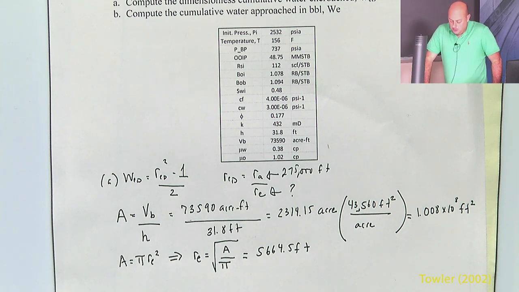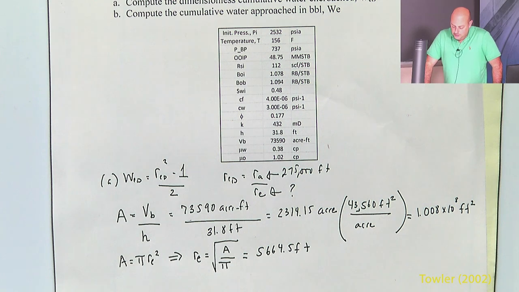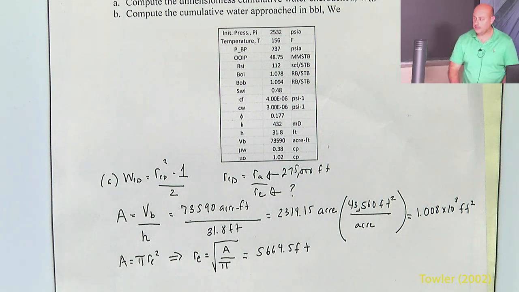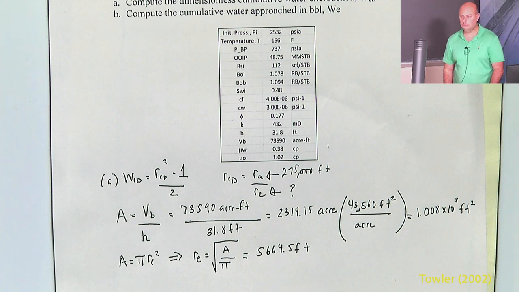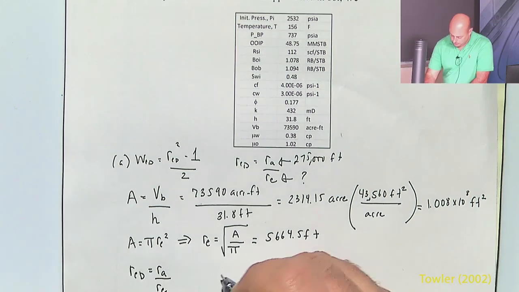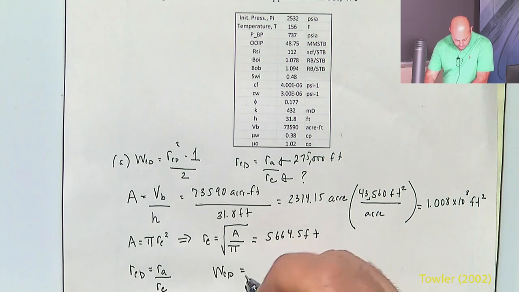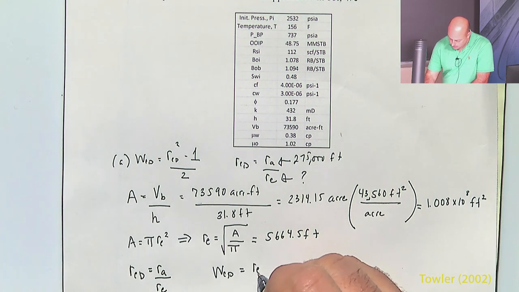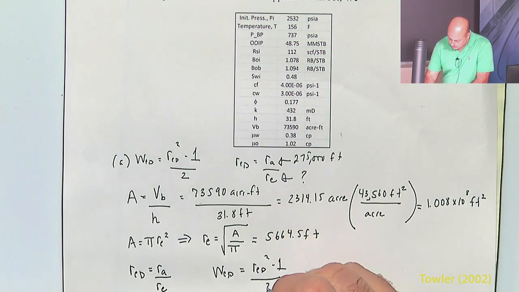Okay, so I will stop there and let you work on the next part of the problem, which I think is a little bit more straightforward. So let's calculate WED. That's the dimensionless amount of water encroached into the reservoir. So WED would have been RED squared minus 1, yeah.